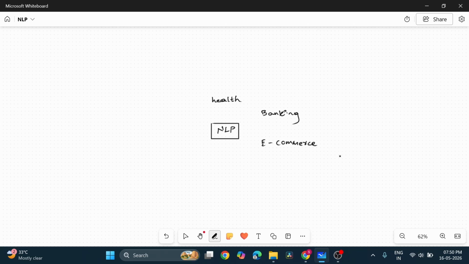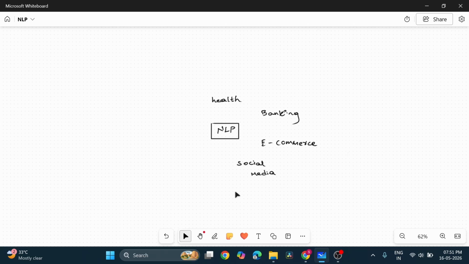And in social media also, NLP is used to detect harmful content in posts on Facebook or Twitter. When you post something on Instagram, the backend systems of Instagram know the sentiment of the post or the content that you uploaded to your social media account.